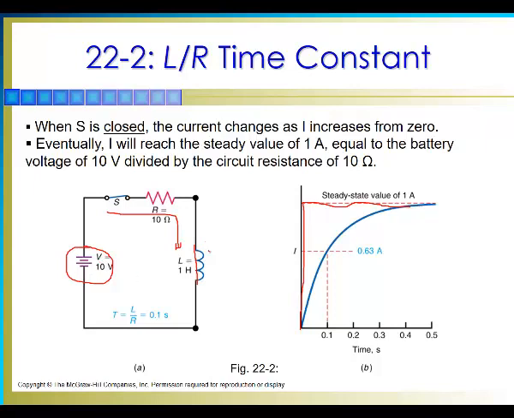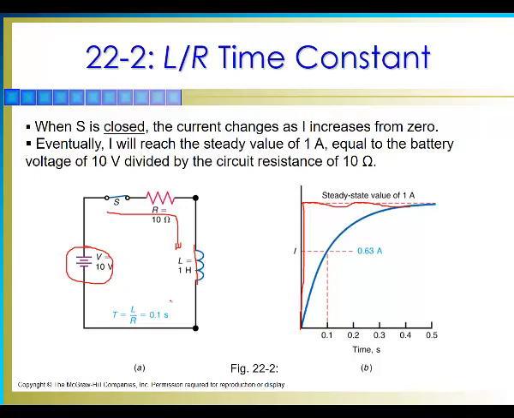But we do have an inductor now. So even though this is a DC source, keep in mind that the current is going to be 0 amps when the switch is open, and as soon as we close it, it will go from 0 to 1.